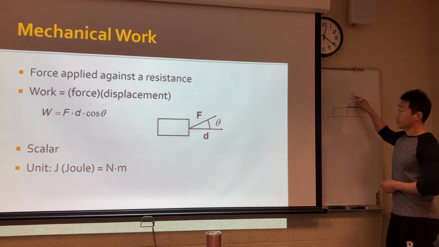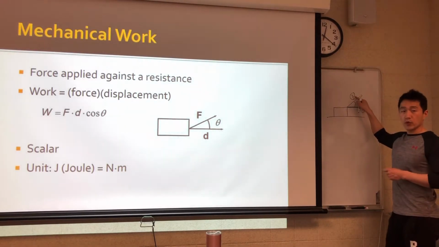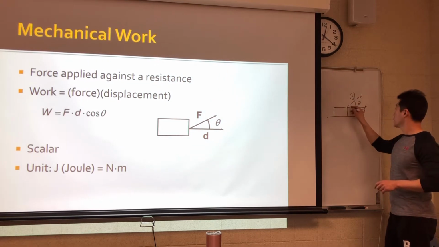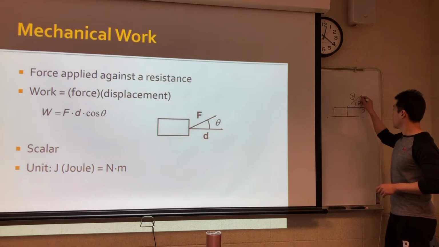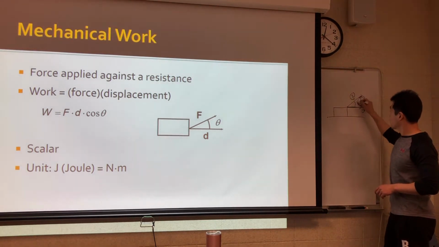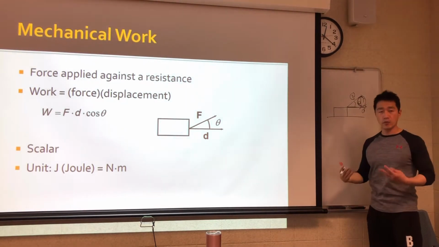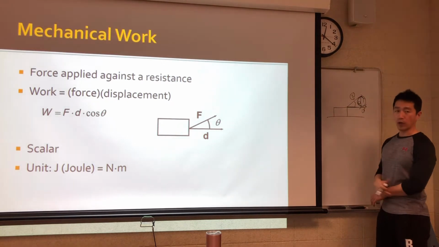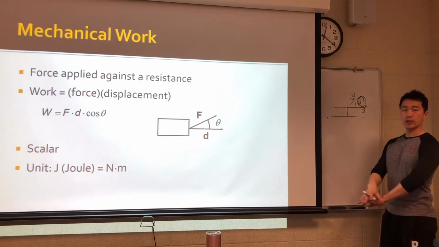This force, as you learned, can be broken down into two perpendicular components, horizontal and vertical. The vertical component of this force has nothing to do with this work calculation. That's why we only need what?